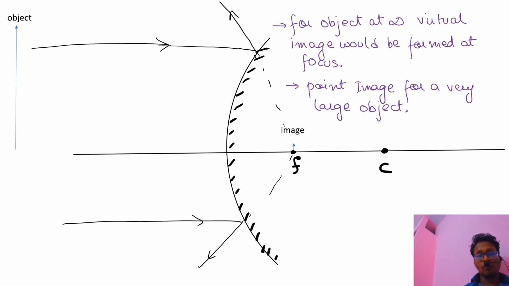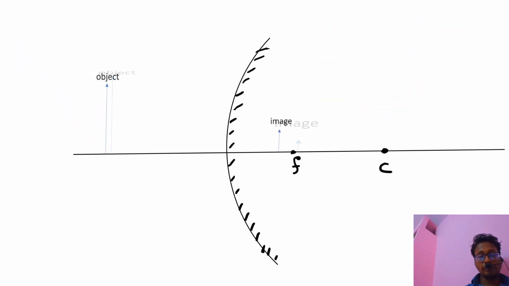Now, what happens when you move the object? See, I'm decreasing the size of the object and moving it closer to the mirror. What happens to the image? As I'm moving the object towards the mirror, the image moves from the focus to the pole.